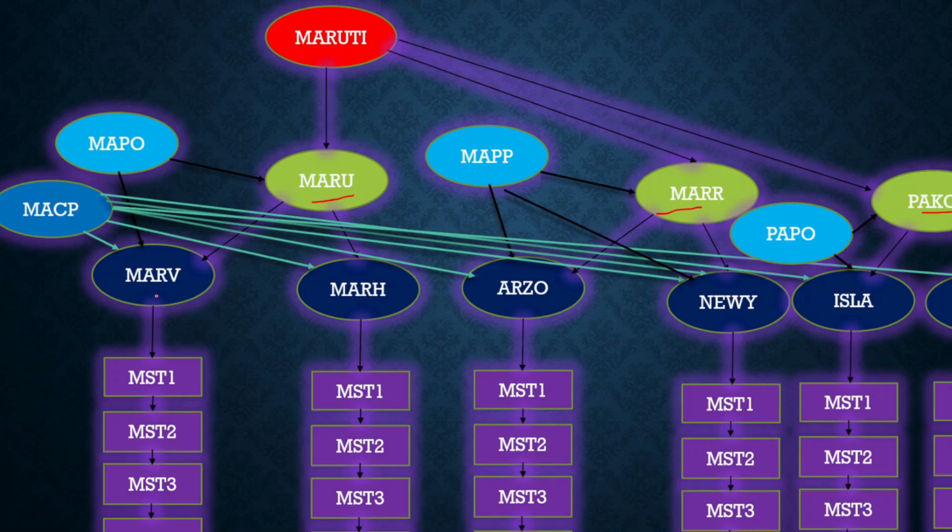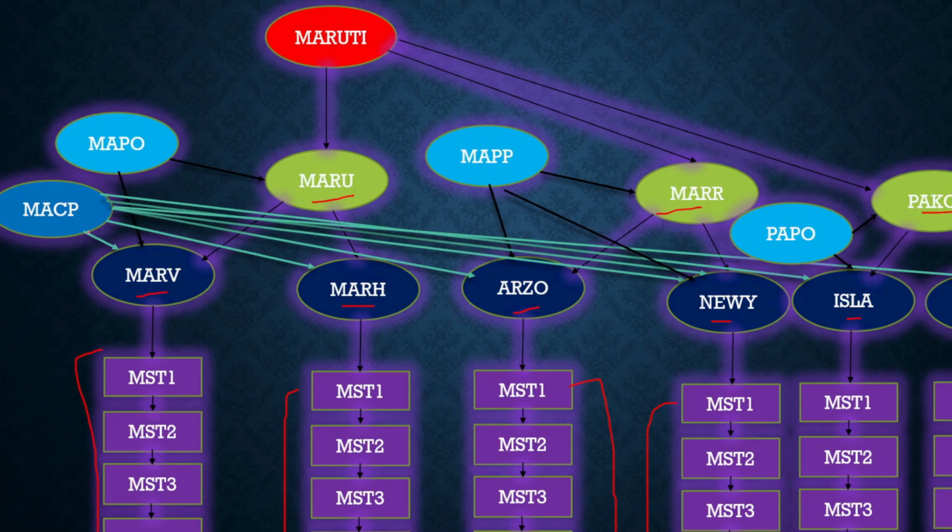Let's suppose under this company code, these two plants are there. Under this company code, these two plants are there. Under this company code, these two plants are there, right? And these are the storage locations for these plants, right?